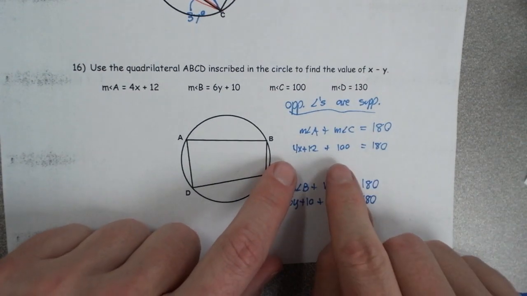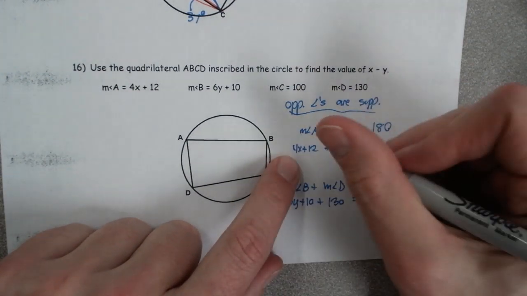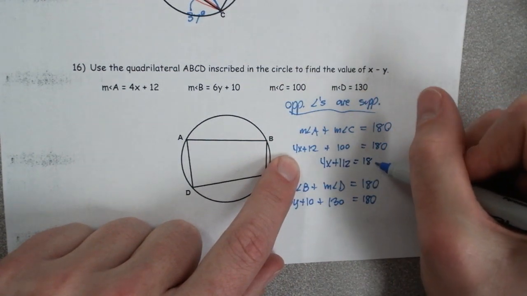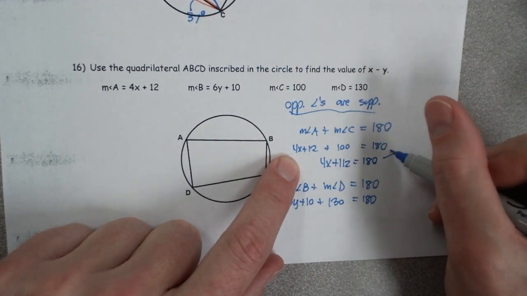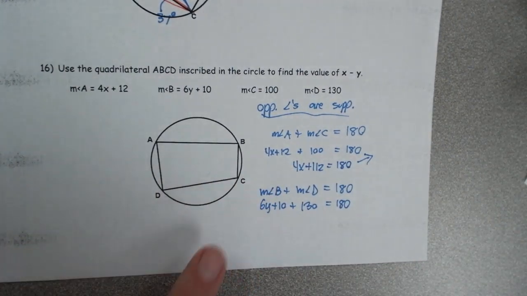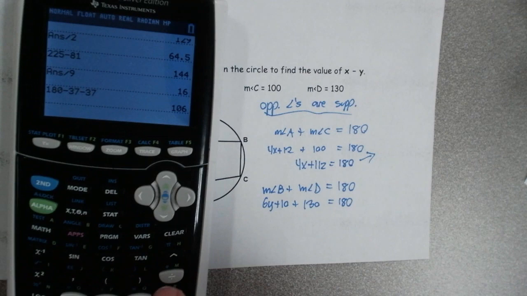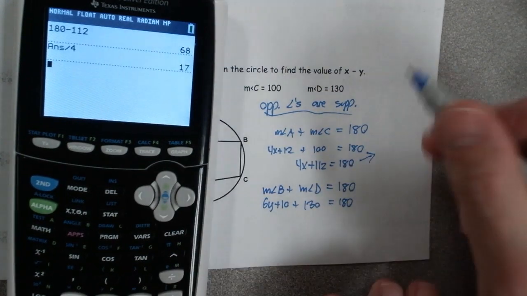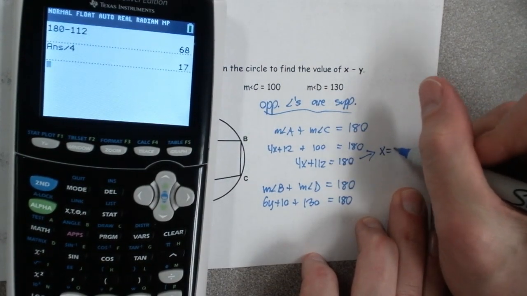So if we solve those, we're going to get 4x plus 112. And ran out of room here, so let's subtract the 112 and divide by 4. And we'll use our calculator. 180 minus 112 is 68. Divided by 4, you're going to get x equals 17.